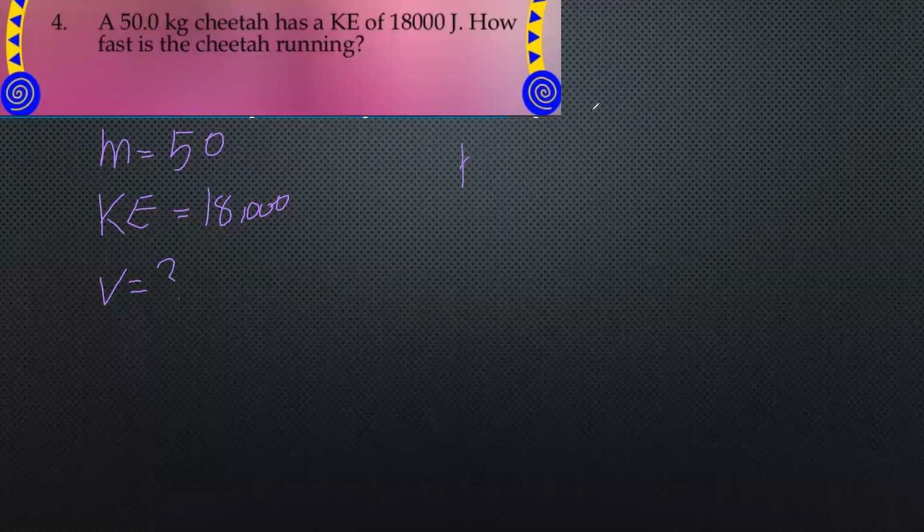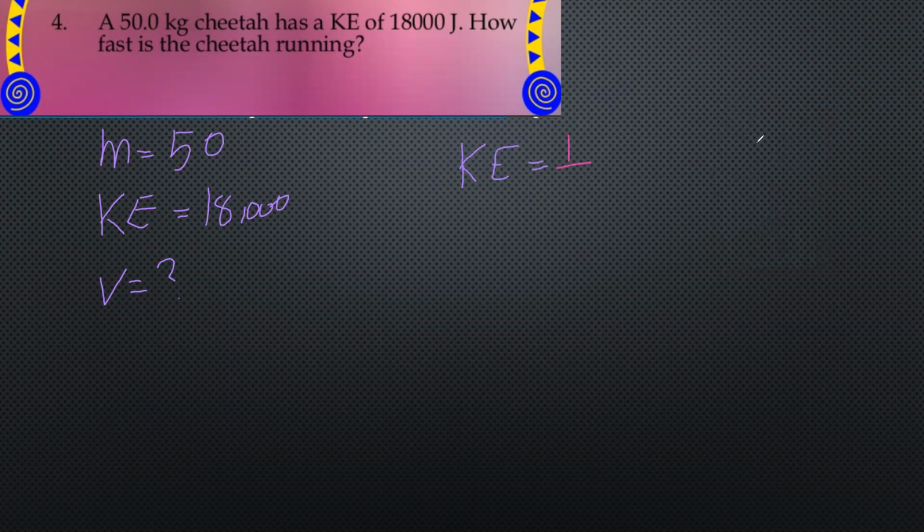Now, the kinetic energy is half mv squared. To find v, let's multiply both sides by 2 first.